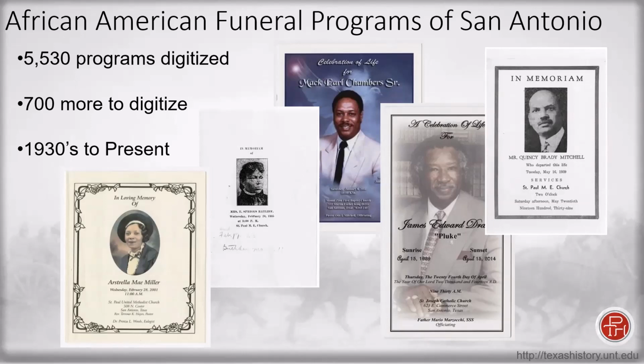What I really appreciate about these is that programs are less cost prohibitive than an obituary. So with these, we get a whole lot more information on this person's life, not just that they were born on this date, died on this date, and were survived by these folks. We get more detail, and I really like that.